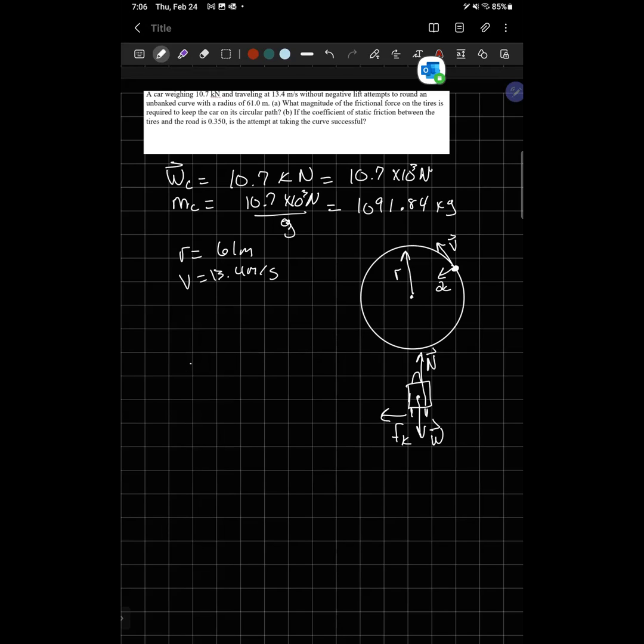So sum of forces in the X is going to be simply friction. Just for simplicity, I'll make it positive. Friction is equivalent to mass times acceleration.